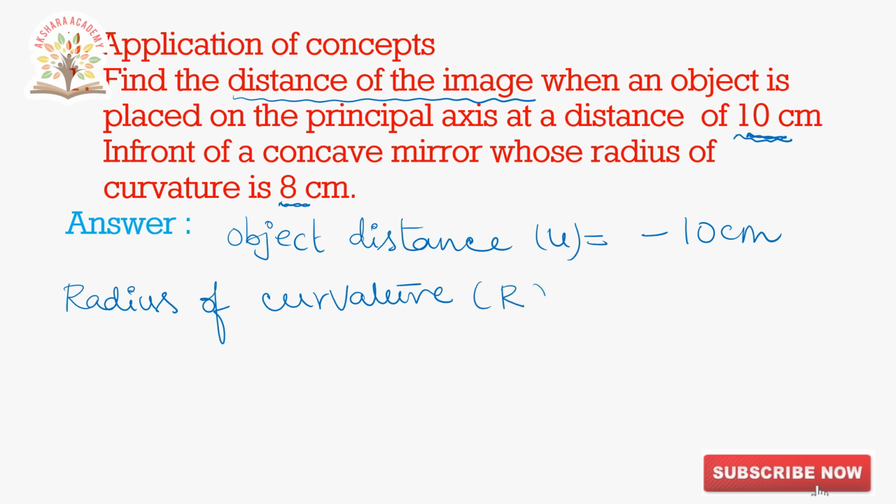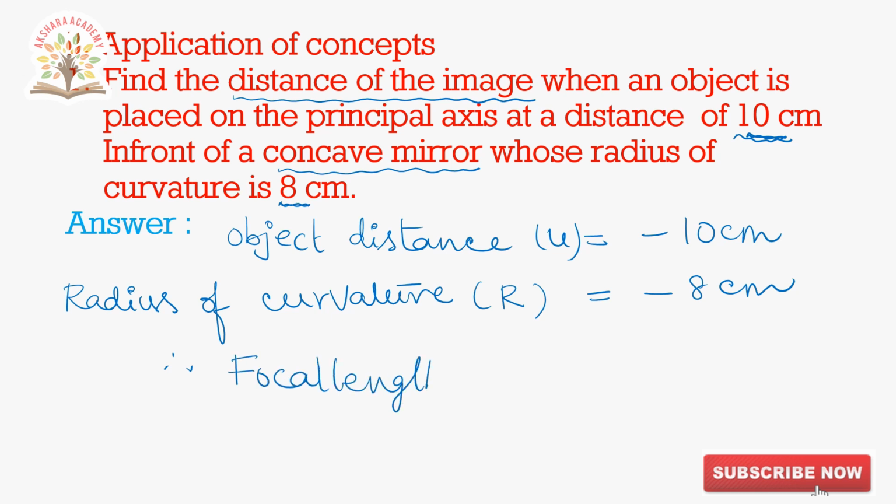Here this is a concave mirror, so the radius of curvature we also take as minus 8 centimeters. Now we are calculating focal length f.